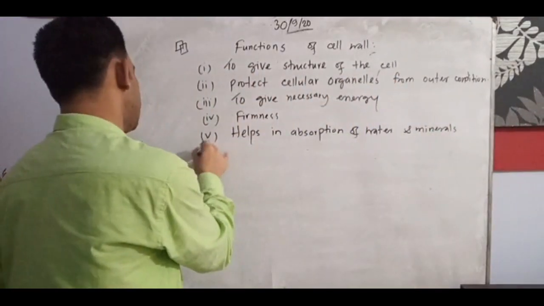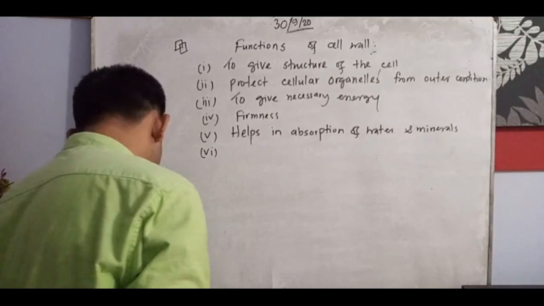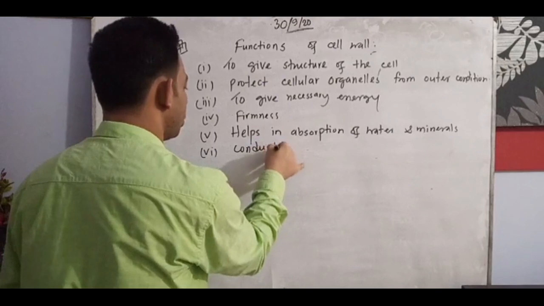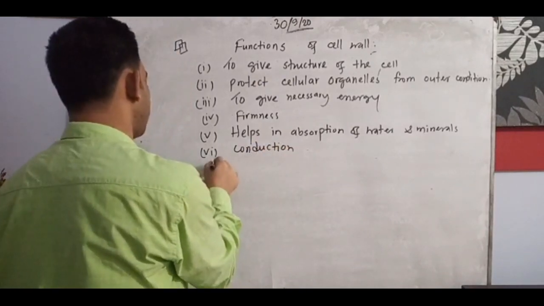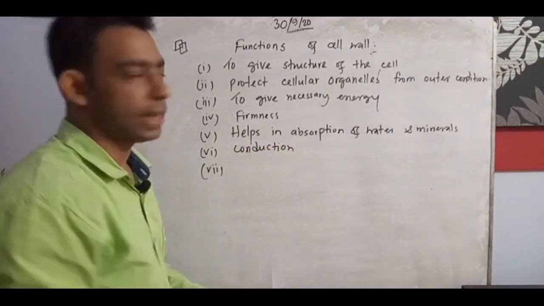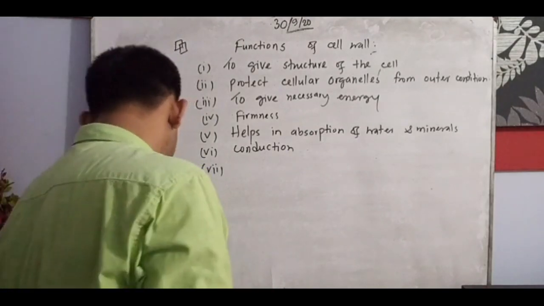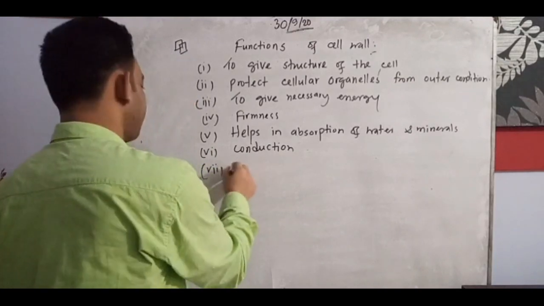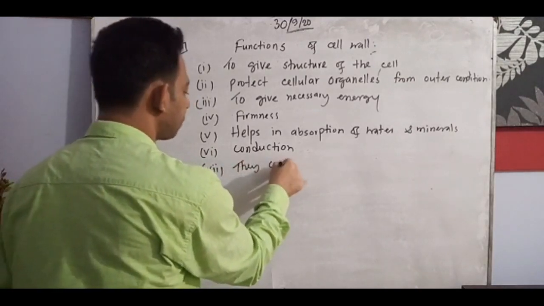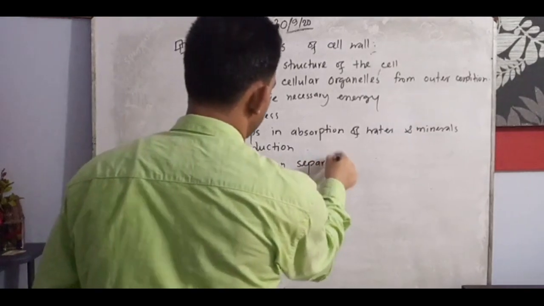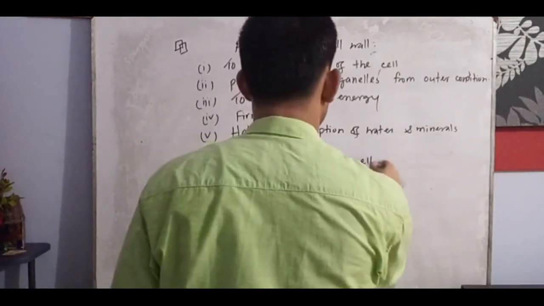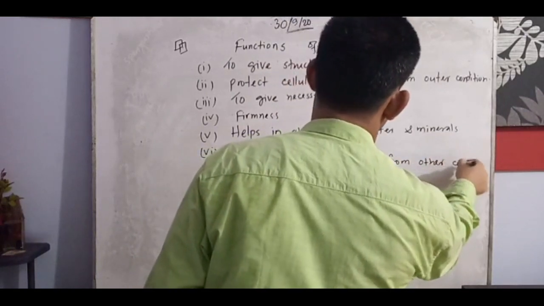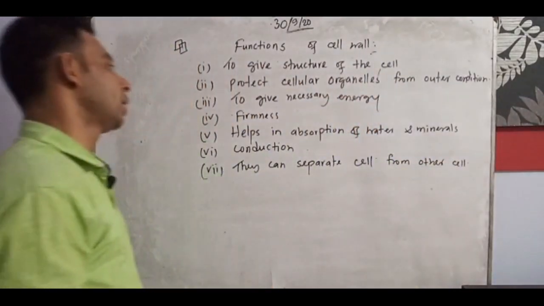Number 6, conduction. I write the short form; you can write it elaborately, just to make the sense clear. Okay, hope you understood this one. They can also separate a cell from other cells.